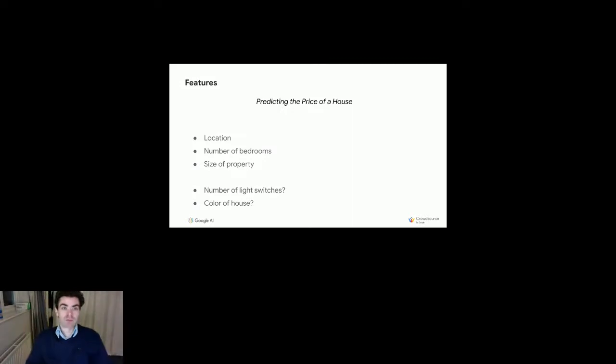Color of house. Maybe it could be that pink houses really disgust people, and no one ever buys them, so their price shrinks. It's the sort of thing that if you were deliberately designing a model, you might think totally irrelevant. But if you are going in with fewer presuppositions, you might actually be more sympathetic to it.